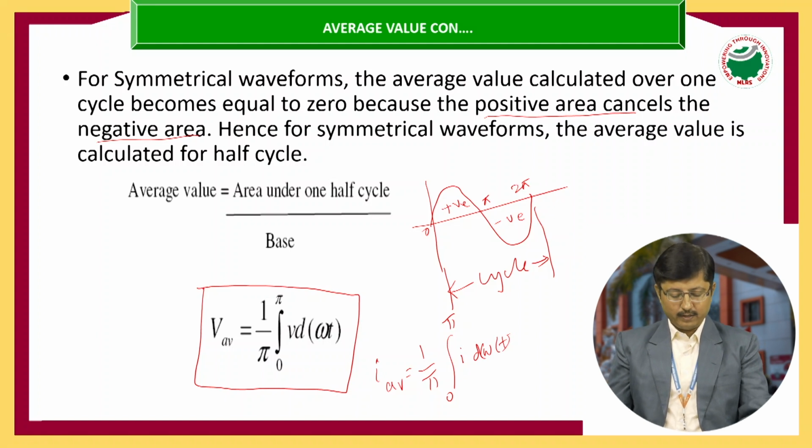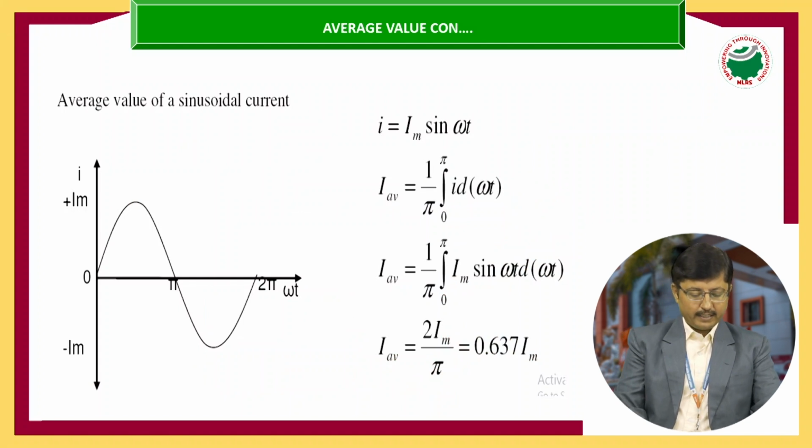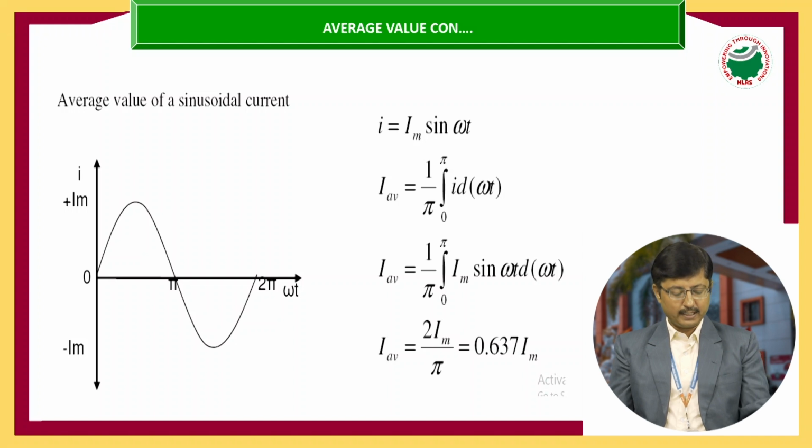Okay, so the average values of voltage and current we also have to find for different cases. The first case I am taking is a sinusoidal current, so the average value of sinusoidal current. In this diagram you can see that the current is varying sinusoidally.